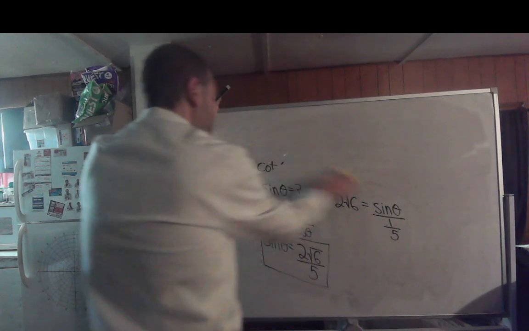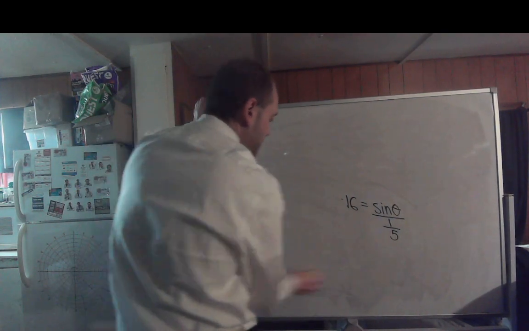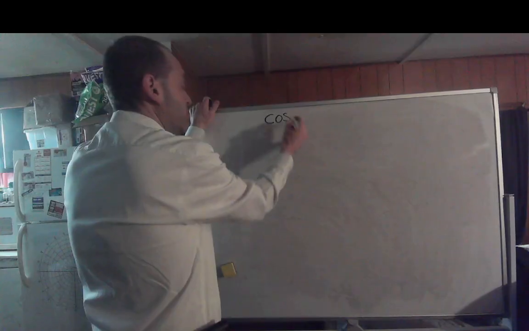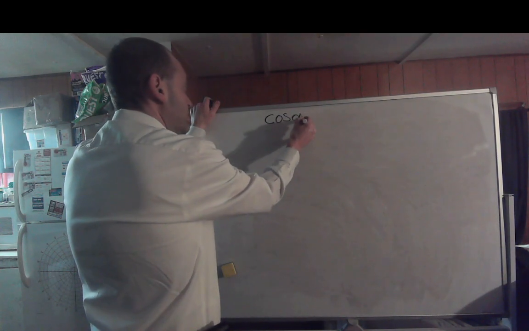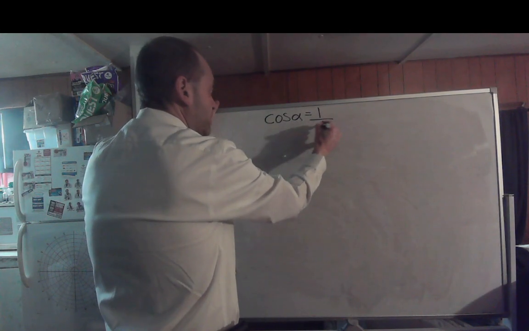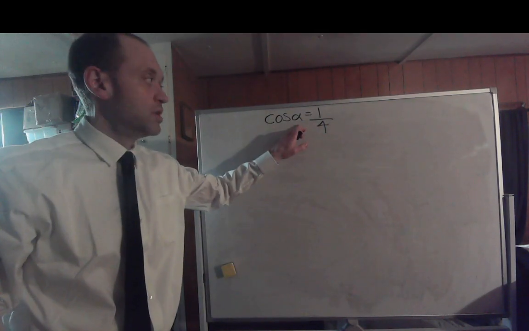Now the next couple, it seems to be that they only give you one trig function and you've got to find a few without even having to draw a triangle. So you may also see sometimes an angle alpha. Sometimes they'll call it alpha as opposed to theta, or they could use really any Greek letter or any variable to represent an angle.